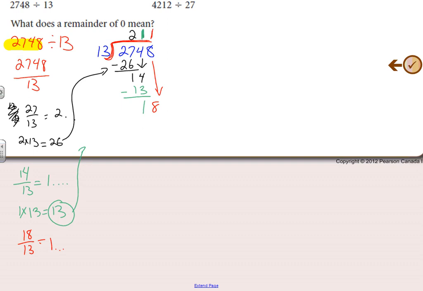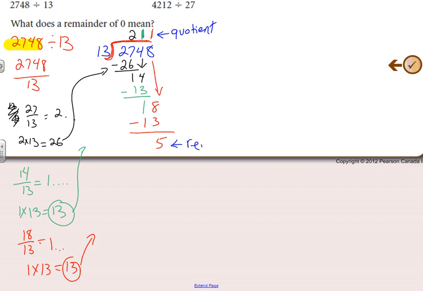Then 1 times 13 gives us 13, and that number we write underneath and subtract again. 18 minus 13 gives us 5. So when we divide these, we get 211 as the quotient, with 5 as our remainder.